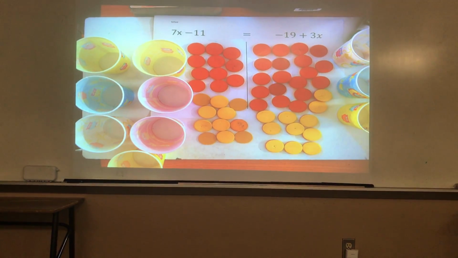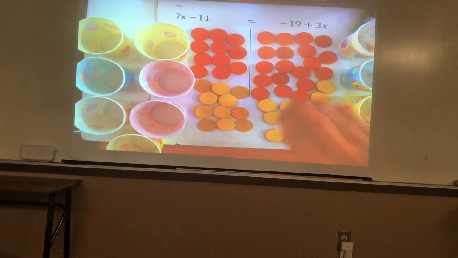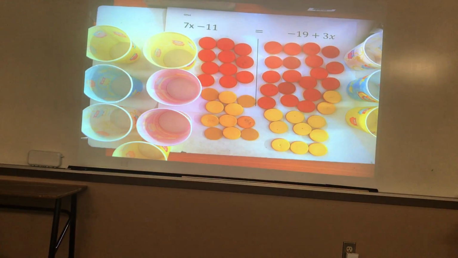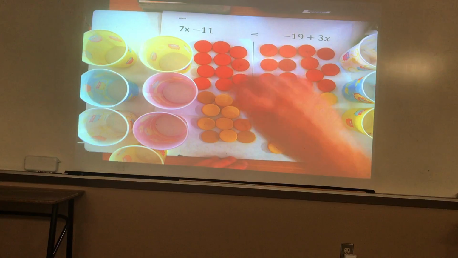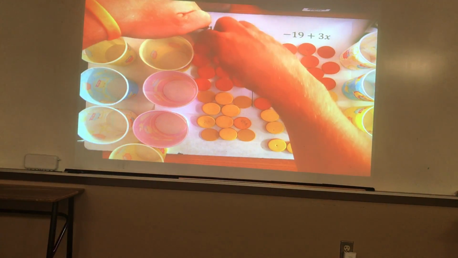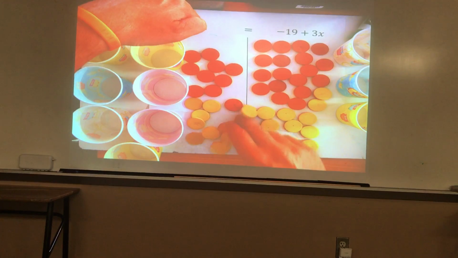Alright, so there's positive 11 over there. So we're going to take a positive 11 away from the negative 19. So we're going to take this 0 pair away, and we'll take the other 0 pair away.